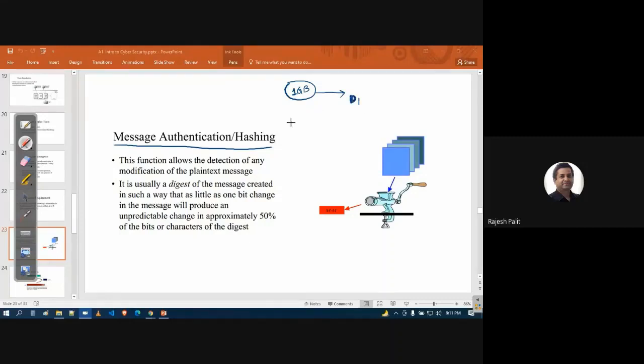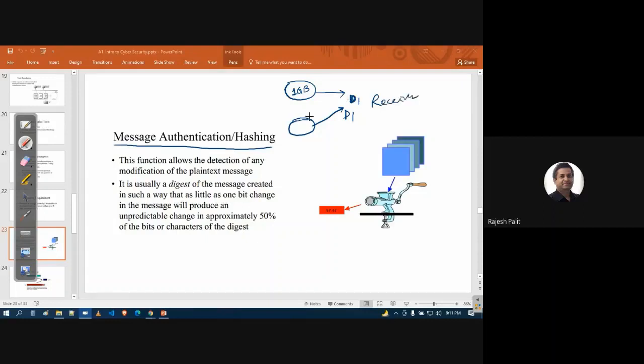Now if you take another file, maybe it is also around 1 gigabyte, and you can produce the same D1, then what will happen? The receiver will not be able to detect it.